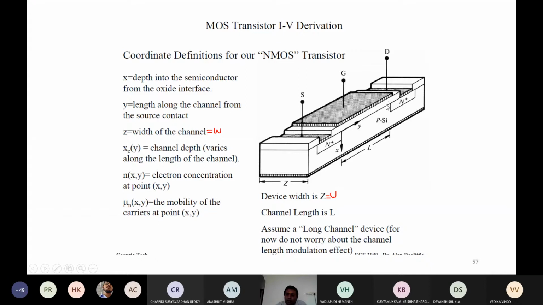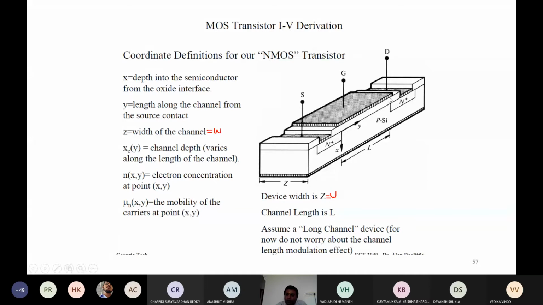More electrons are contributing to the current. Initially the current was increasing in the linear region, but in the saturation region it will stop increasing, because the channel has fewer electrons with the increase of VDS. The number of electrons is decreasing here, and when VDS reaches VDSAT, at that point almost the channel is finished, so it is pinched off.